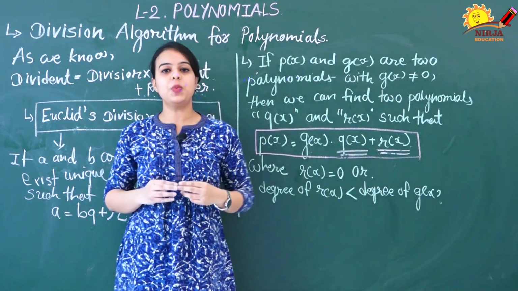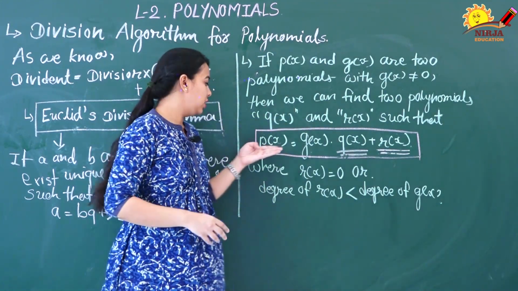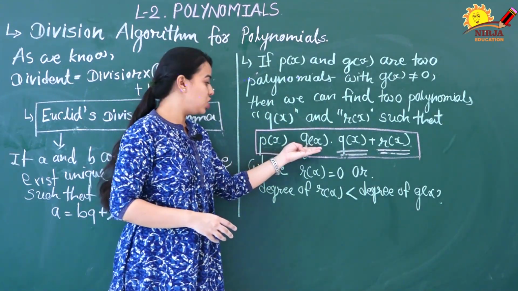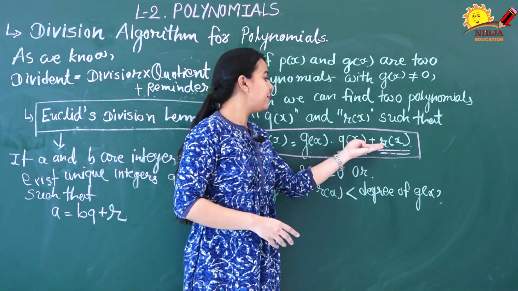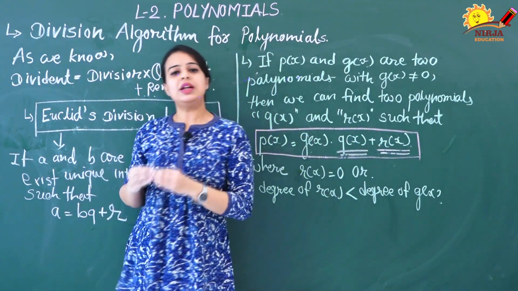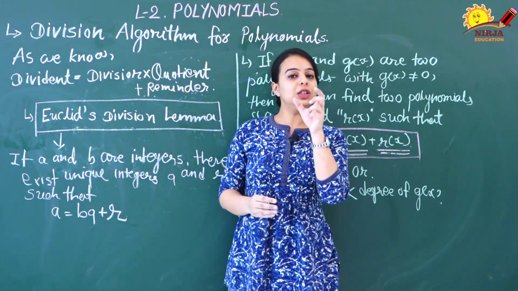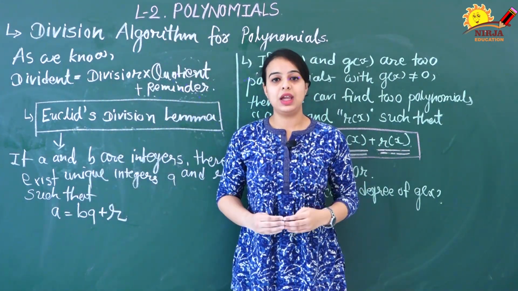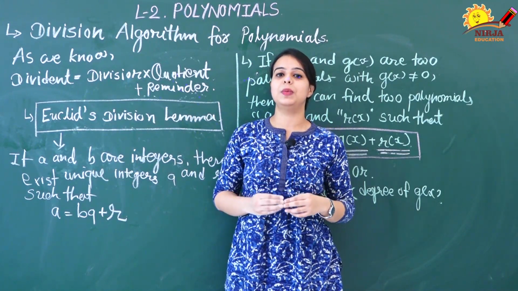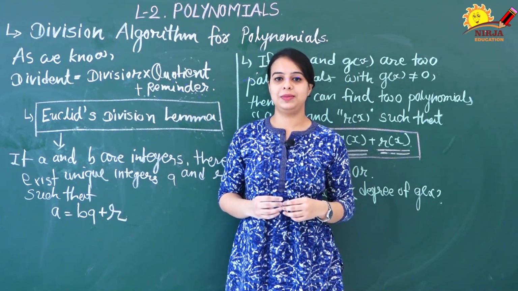For any two polynomials, we are able to find p of x is equal to g of x multiplied by q of x plus r of x. Now let's apply this division algorithm on polynomials, and let's see with one example how to divide one polynomial by another.